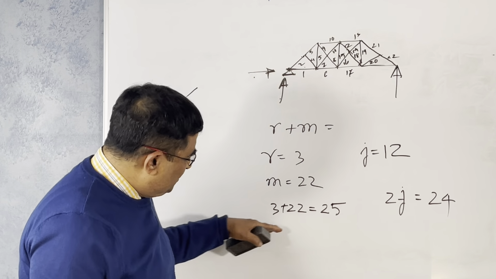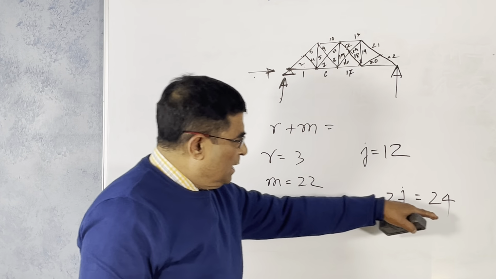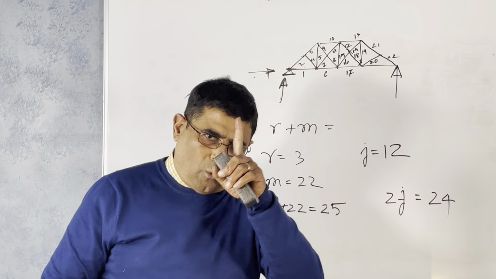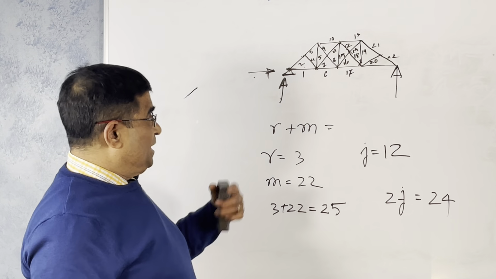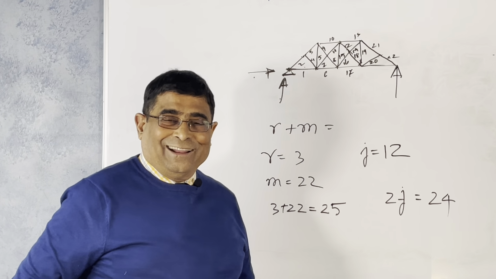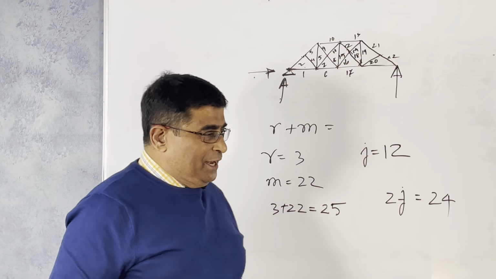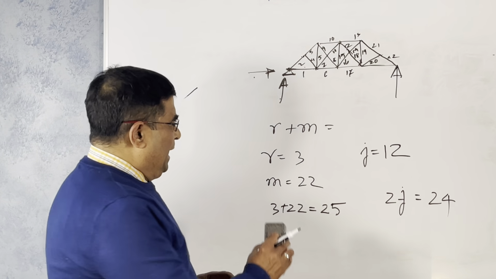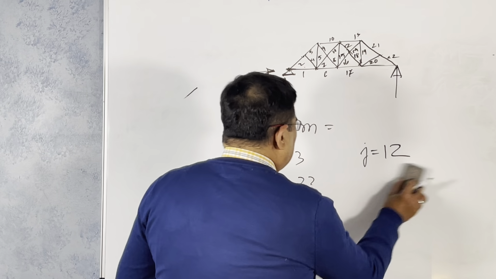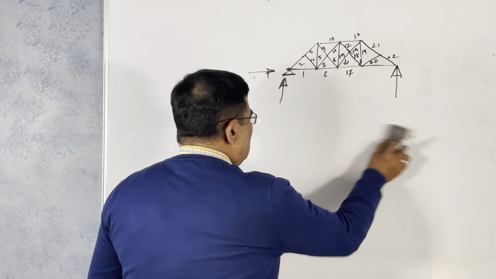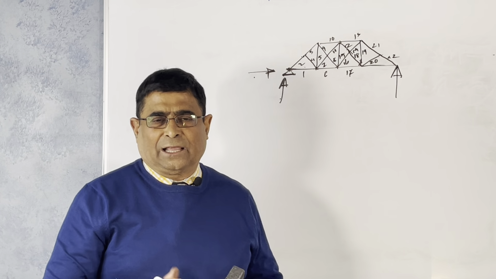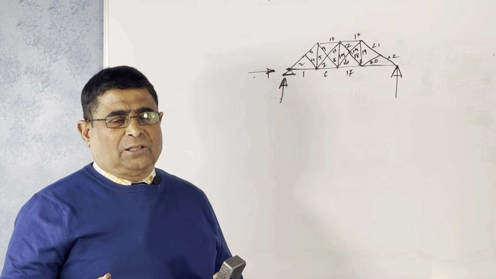This side is bigger and this side is smaller. So this is indeterminate by 1 degree. Strange, I thought it would be more indeterminate. But anyway, this is how you calculate the indeterminacy, and that is called static indeterminacy. Indeterminacy means how hard the structure is to calculate the forces in the members.